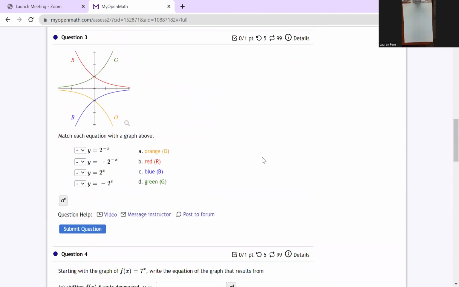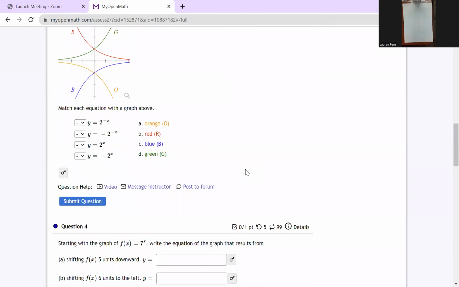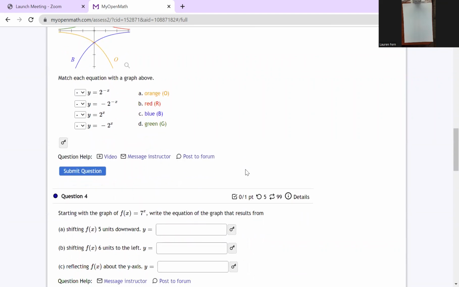Part C or question 3 just plays with reflections, right? When you replace x with negative x, you reflect it about your y-axis. When you put a negative in front, about your x-axis, or you can do both. But this just plays with general reflections. Again, I think that's really just furthering what we did in section 1.5 and relating it to these new sorts of functions.